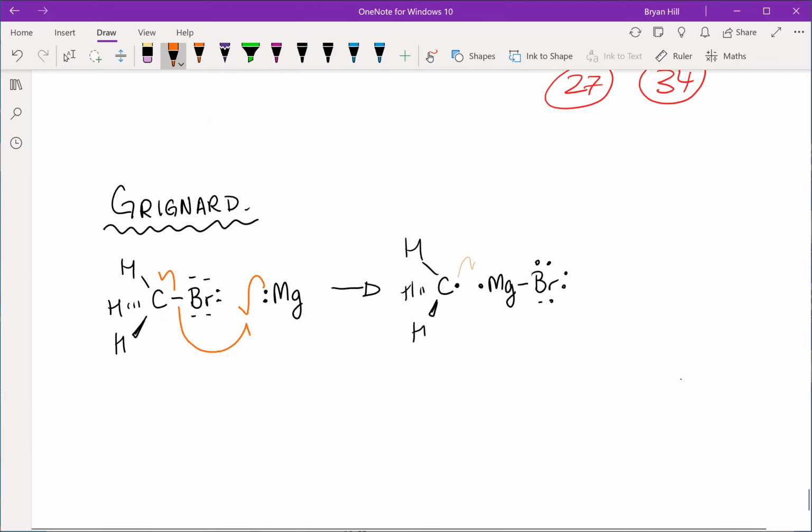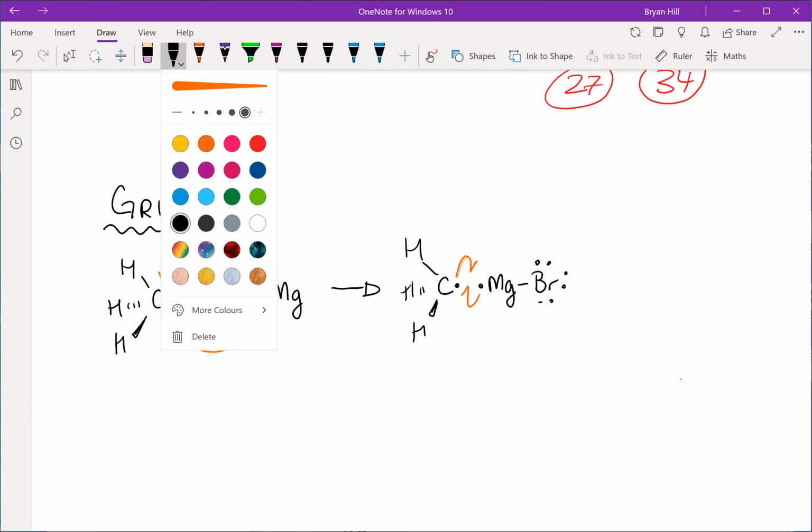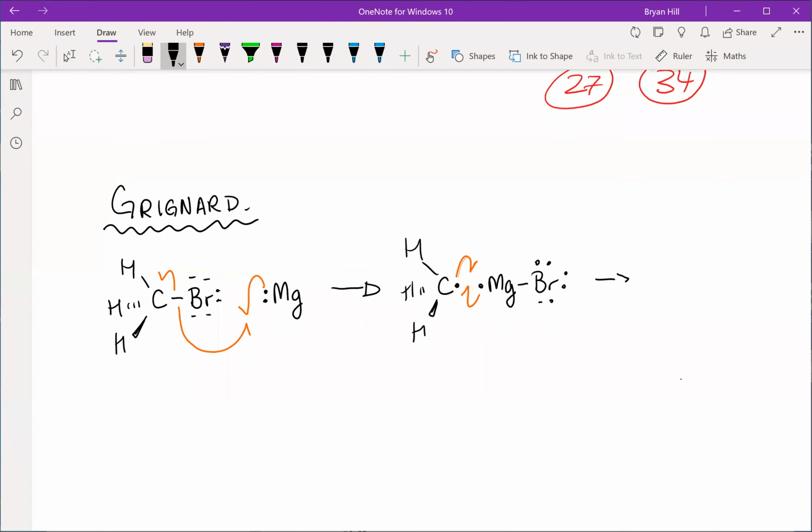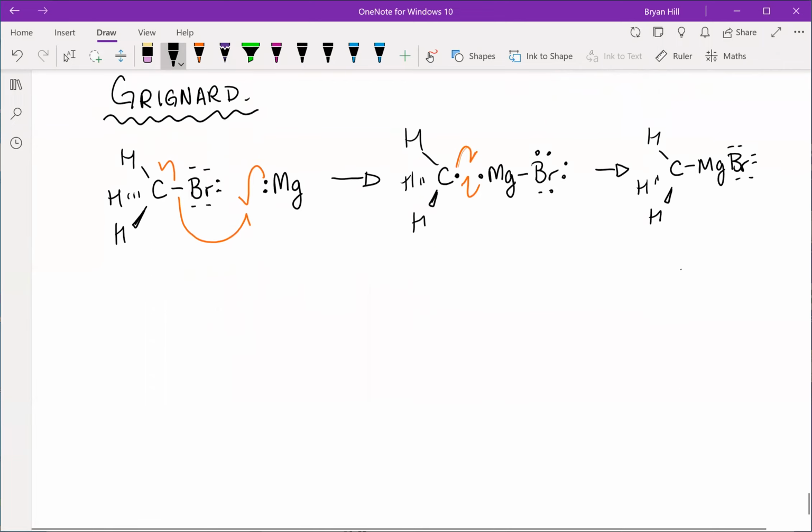Make that thicker here. So that's one of the ways that this is envisioned of working.